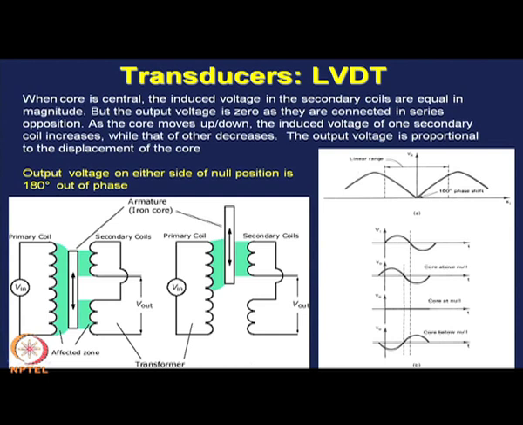So, the output voltage will undergo a 180 degree phase shift. If you look at this figure and these three figures, we understand that the output voltage will undergo a 180 degree phase shift.